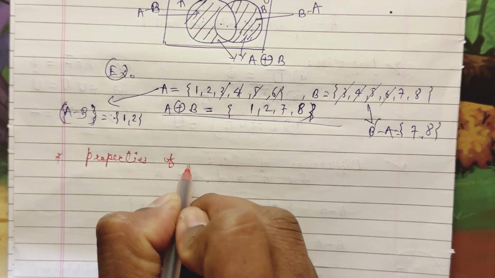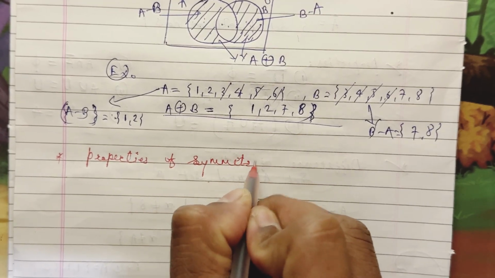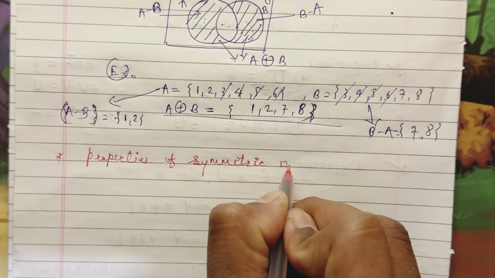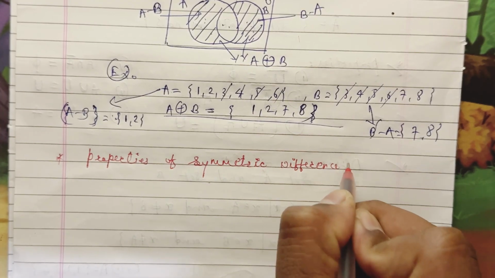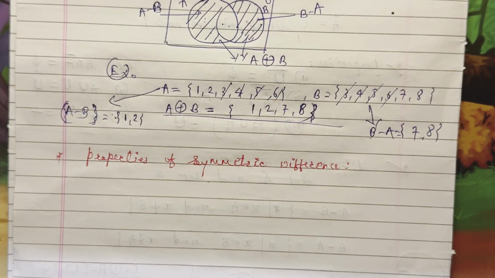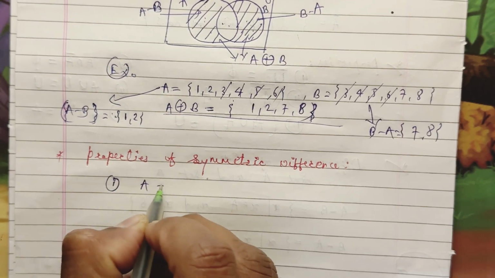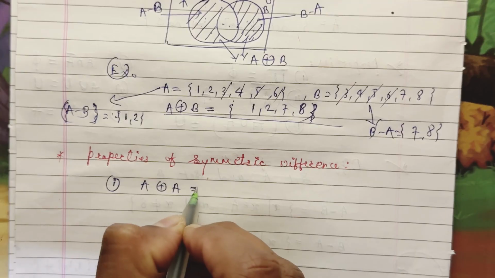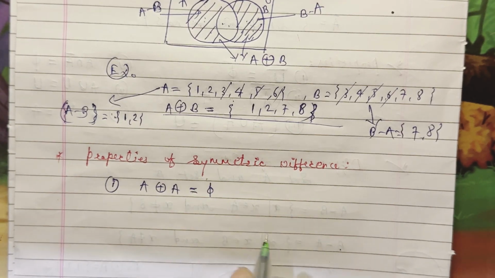Properties of a symmetric difference: using these conditions we have to define the properties. First property: if you take the symmetric difference of A with A, you get phi.